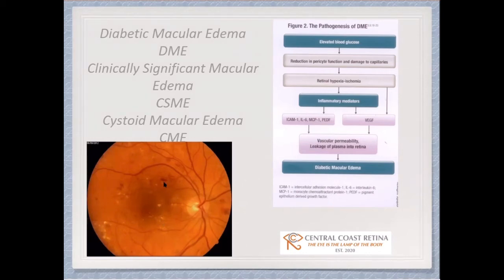The red spots are bleeding into the retina, and also there's fluid into the retina. Retina swelling or retinal edema, especially in the center of the vision, damages the retina and also damages the vision. We describe it in so many ways. You might see diabetic macular edema, clinically significant macular edema, cystoid macular edema. For your purpose, they kind of all refer to the same thing.